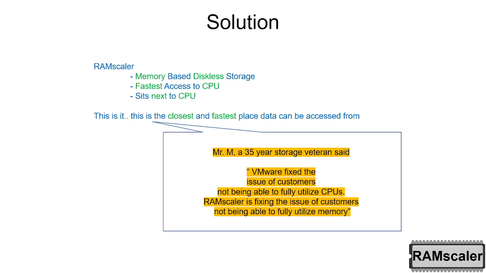And one of our advisors, someone who'd been in the industry for a very long time, said to us, this is very, very interesting. He said, back in the early days, VMware fixed this issue of unused CPU utilization, right, or capacity. And I remember when I was working with customers, back in the mid 2000s, customers were really looking seriously at using virtualization to improve the efficiency in the data center, and they've certainly done that to a large extent.